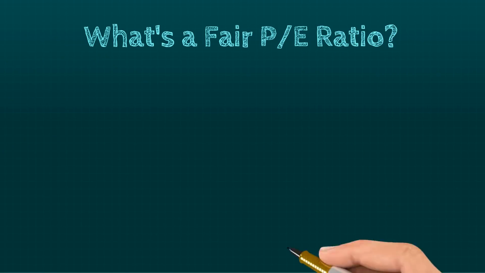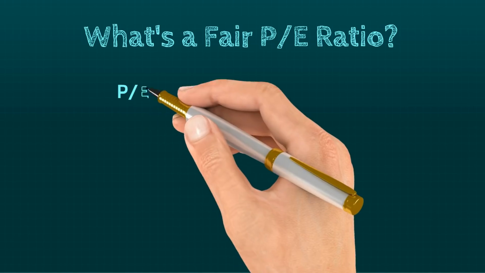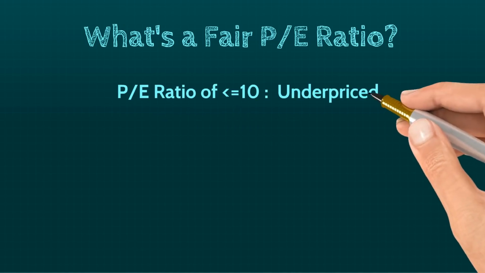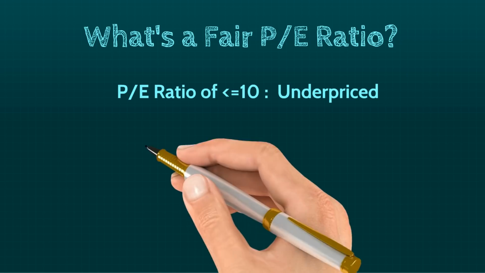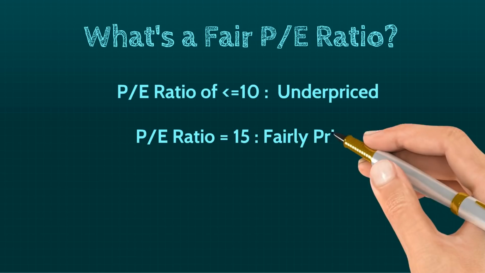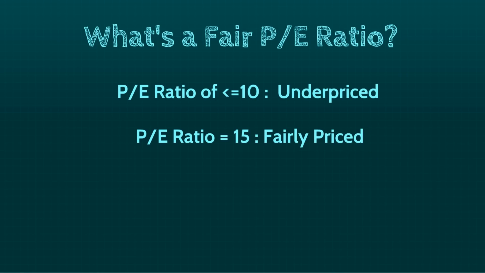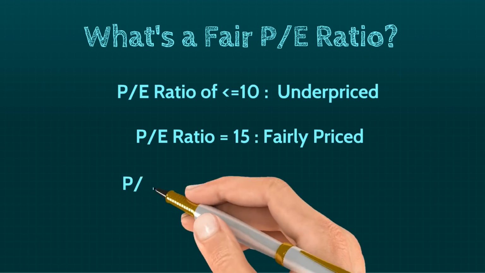So what is a fair PE ratio? According to Warren Buffett and Benjamin Graham, who wrote the book The Intelligent Investor and taught Warren Buffett how to be a good investor, a PE ratio of less than 10 would be considered underpriced and would make for a good value investment. Now, a PE ratio of 15 is a fairly priced stock and is still a good purchase for a value investor.